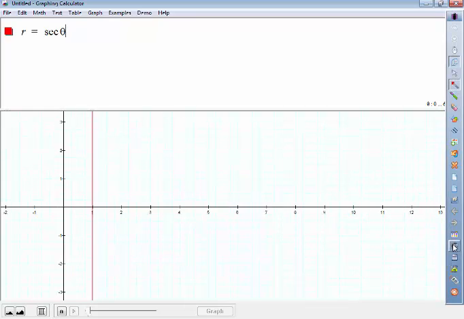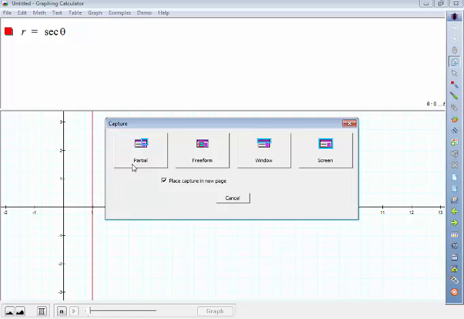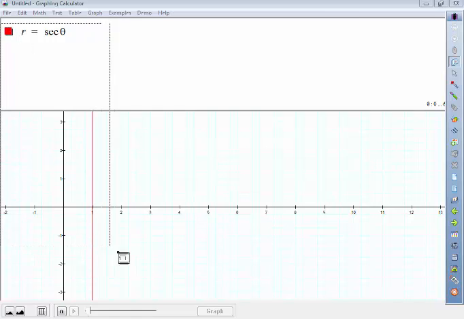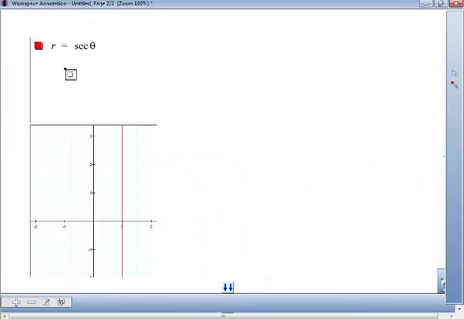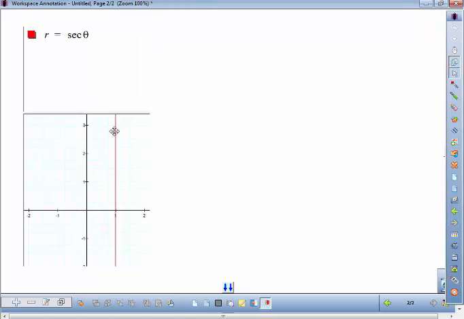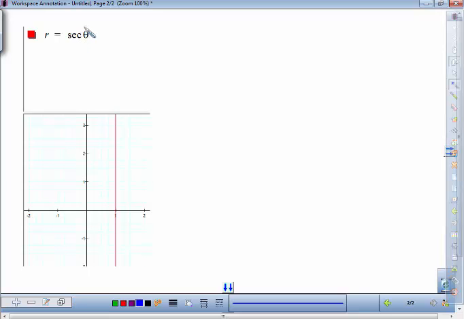Any idea? x is r cosine theta. r is secant theta, so r times cosine theta is 1. So we're saying that if we take secant theta and write it as, what is it?